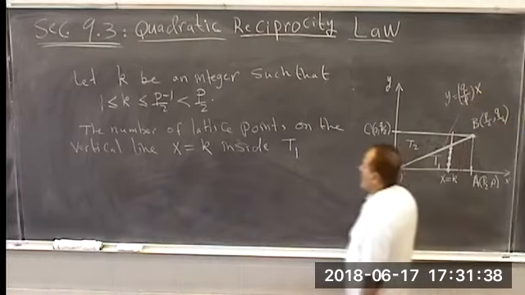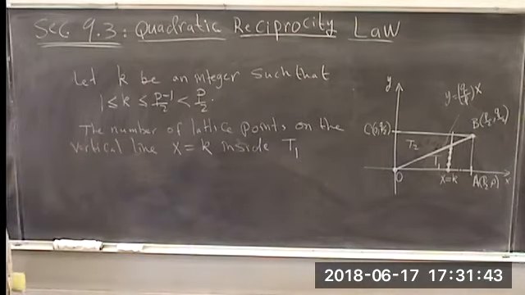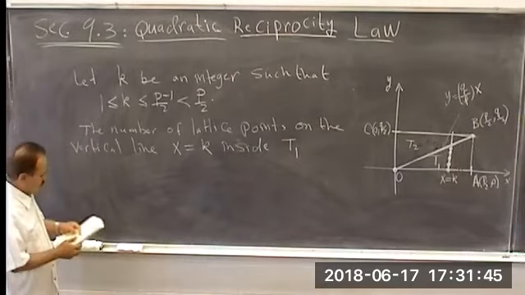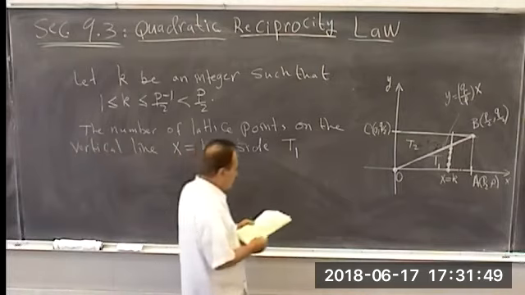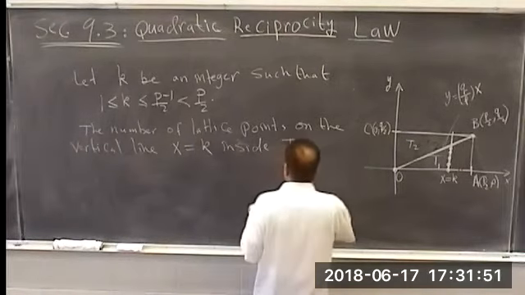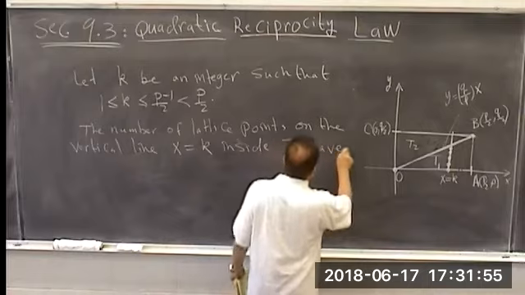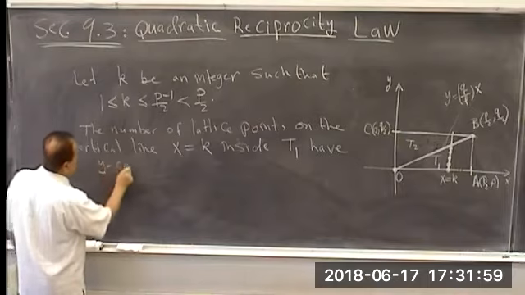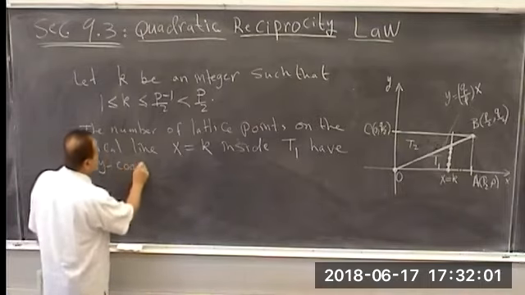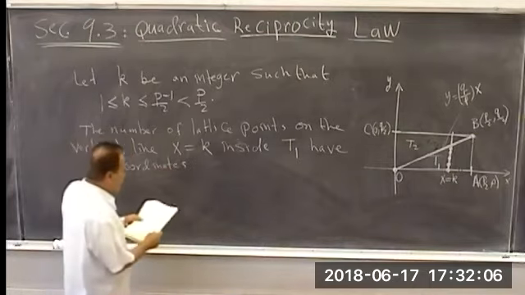Okay? So in other words, we're going to count these, all right? And so we have this one. All right, and inside this one, it's going to have y coordinates that satisfy this.